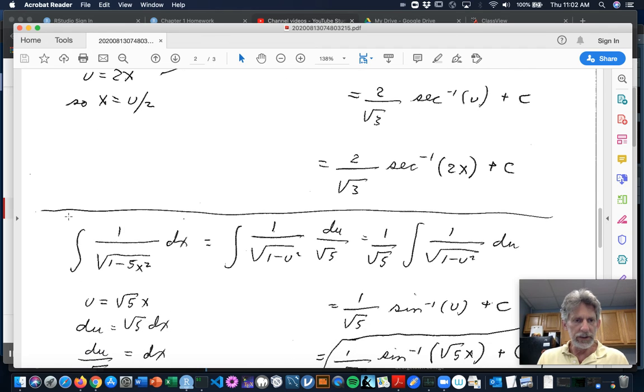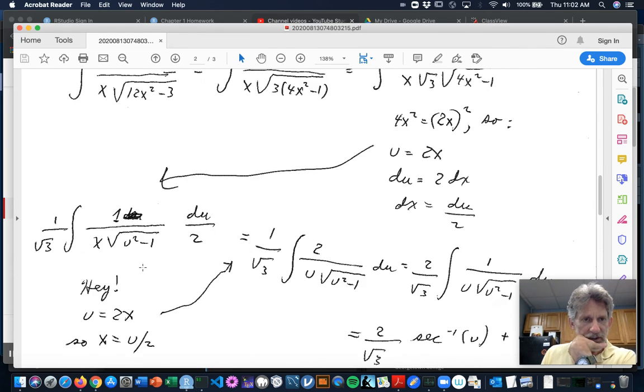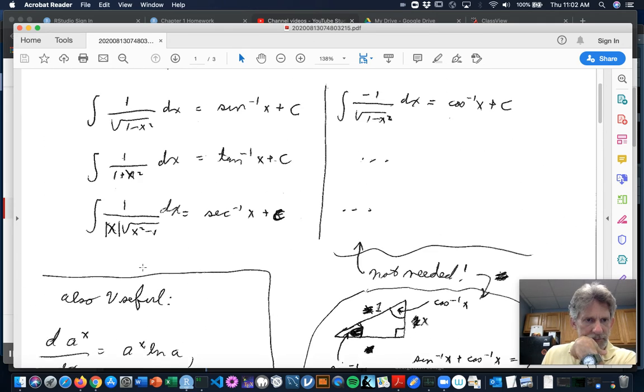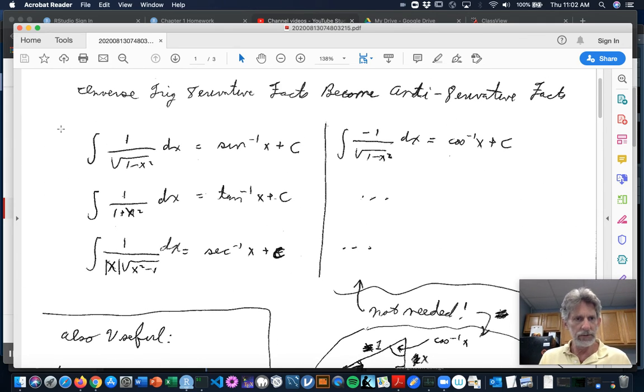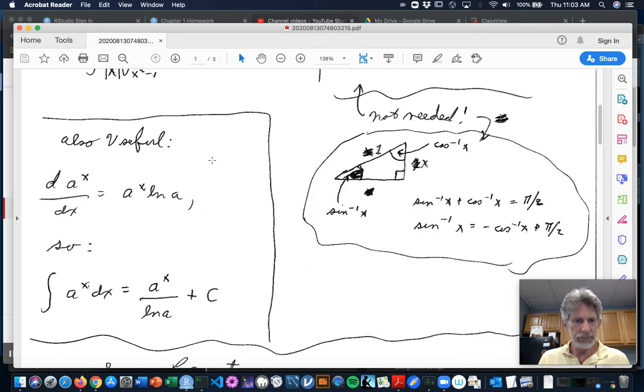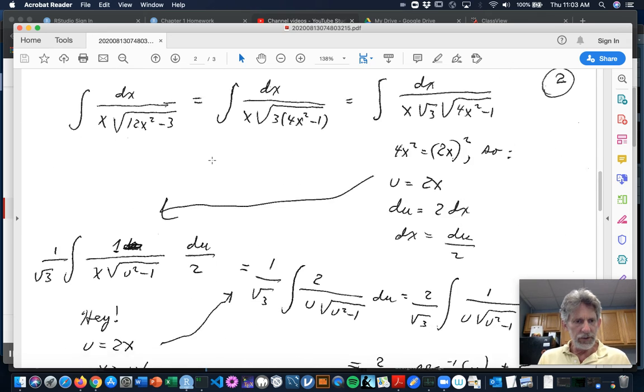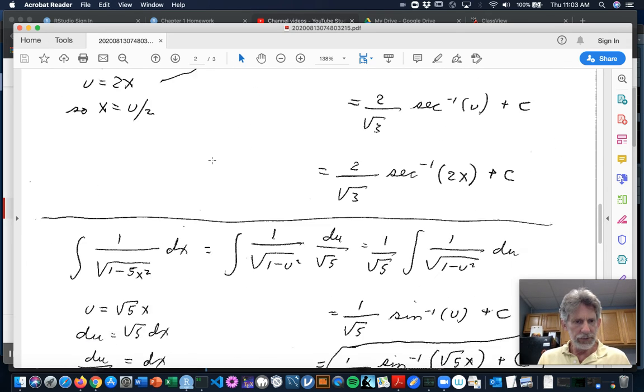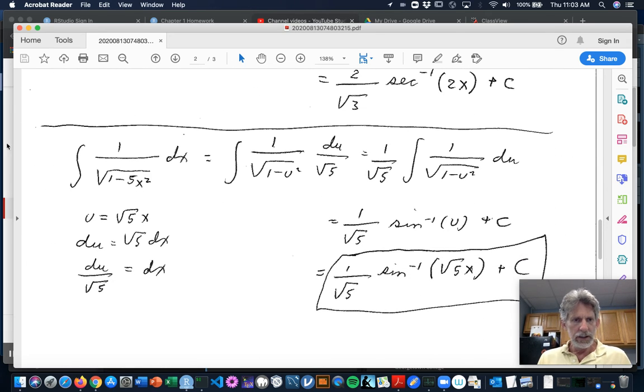How about this one here? So that one looks vaguely like this one, the inverse sine fact. 1 minus something squared. So what can we do to make it look like exactly something squared?